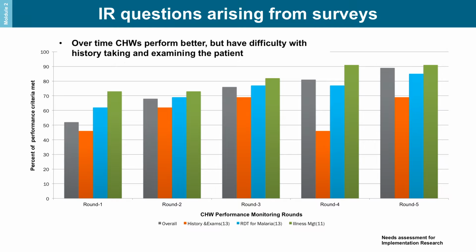You saw this information earlier about supervisory checklists for the community health workers doing community case management of childhood illness. As we said at that point in time, we had major challenges in the area of history taking and examination. Although things were improving, this area was the weakest. So the question there again is, can we do something to improve supervision?